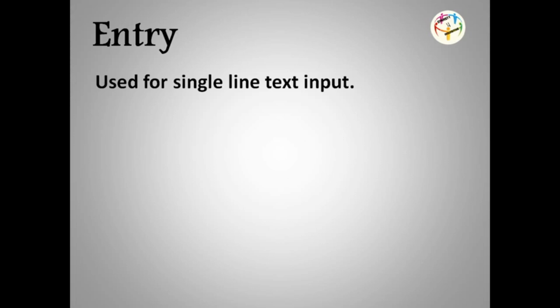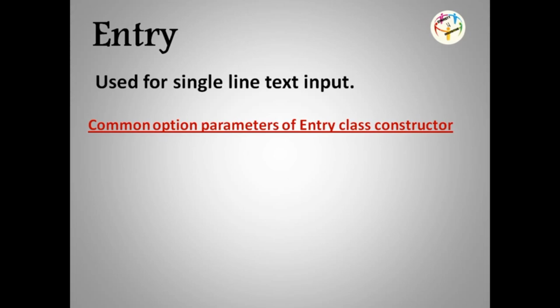And to use this widget, we need to call the constructor of entry class, and within this constructor we need to pass some parameters. Number one, bg. Bg means we can set the background color of the input box.